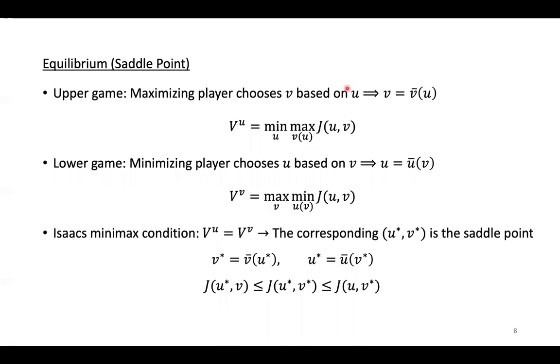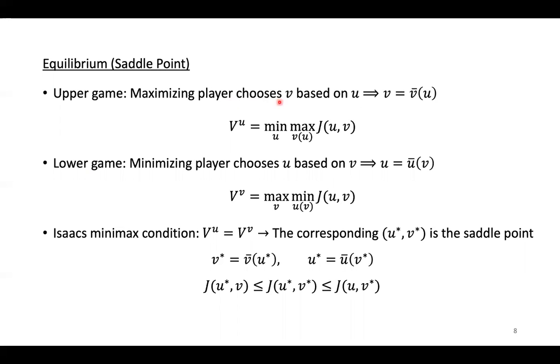So which means the maximizing player knows the function, be it in feedback form or open loop form. And I'm assuming that all of you have attended the previous talk where I had given examples and a description about what feedback means and what open loop means. So in both cases, regardless, let's say the function is given, be it open loop or feedback for the minimizing player.